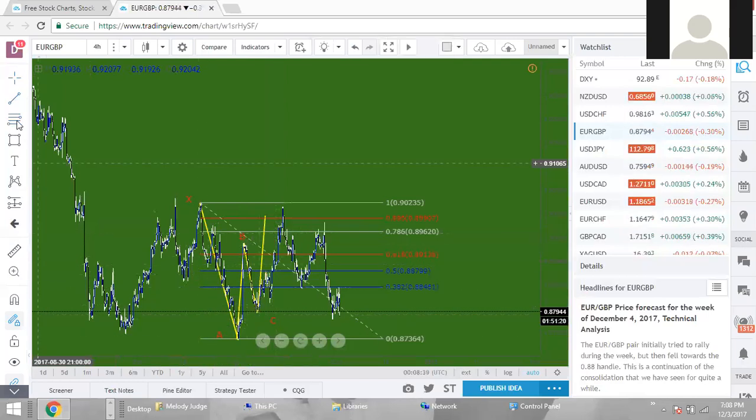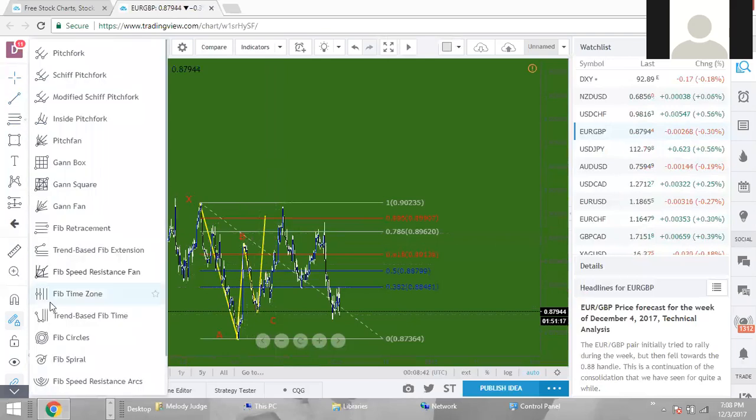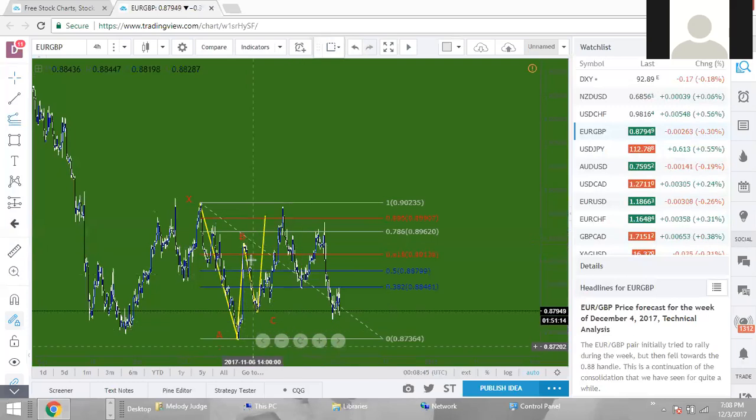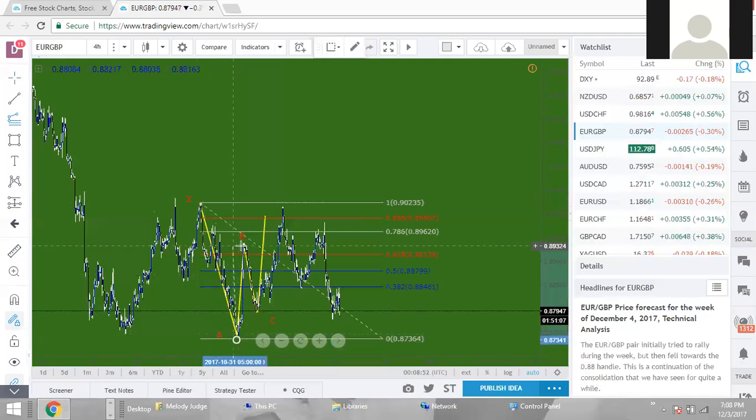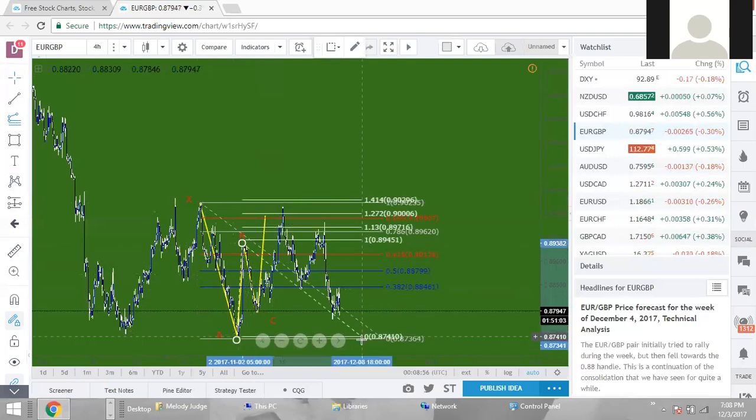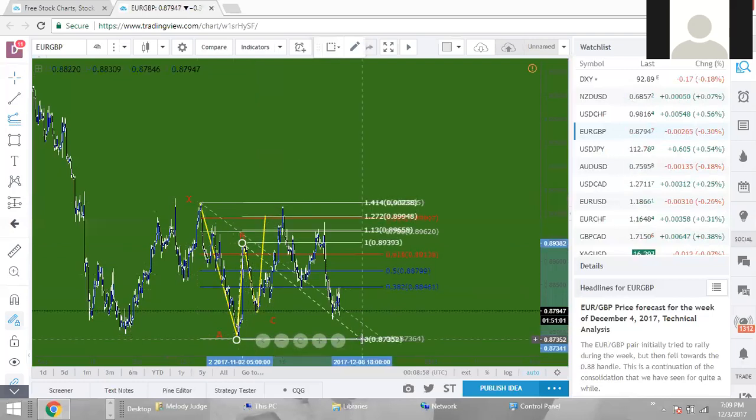Let's see what a 127 extension ends up at. It's important to do both. Don't just go for the 786 of X to A on this Gartley. You also want to take your Fibonacci extension and go from A to B, bring it back down, and see what a 127 is, which is in a little bit better spot.